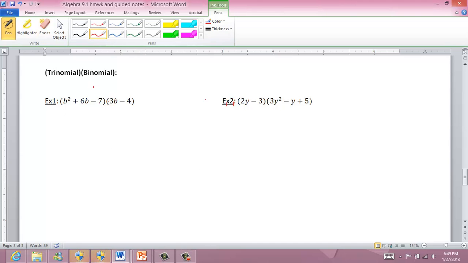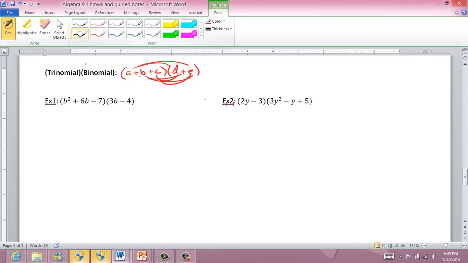Okay, so remember, when we have a trinomial, 3 terms, times, say, a binomial, which has 2 terms, my goal is to multiply everything in one polynomial by everything in the other polynomial.